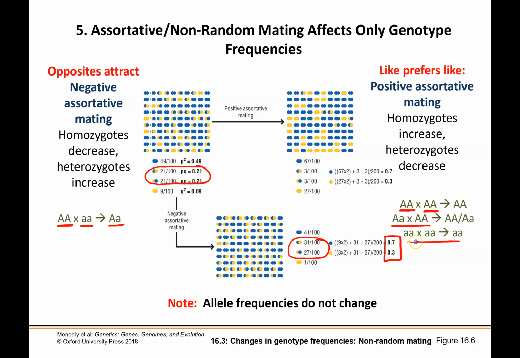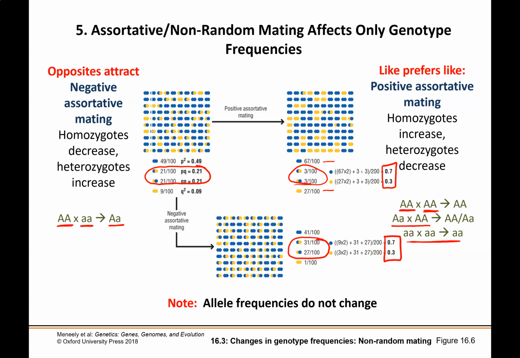Or we get homozygous recessive choosing homozygous recessive, in which case we are going to increase the number of homozygous individuals and we are going to decrease the number of heterozygous individuals. So you can see the difference in the heterozygotes there. But again, nobody is missing out on breeding because of their alleles. There's no selection working. And so there's no change in our allele frequencies.